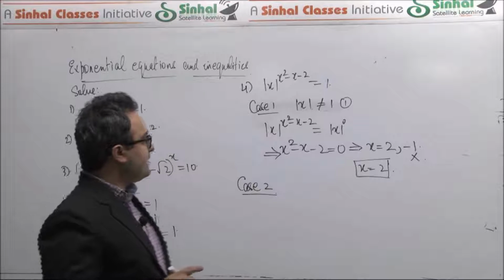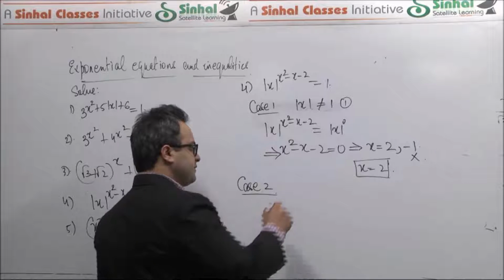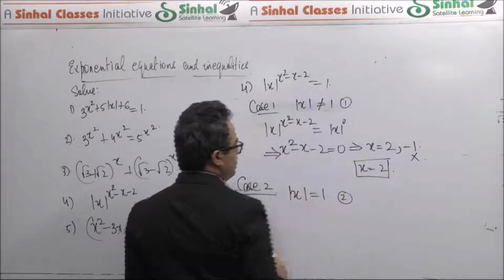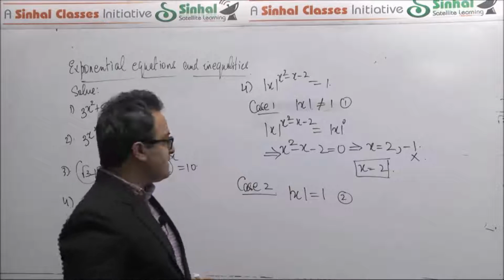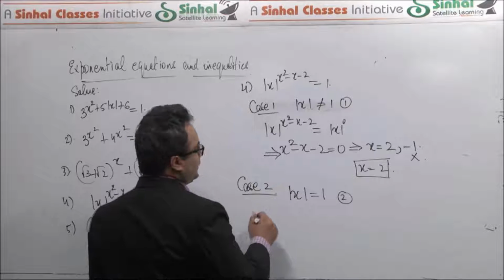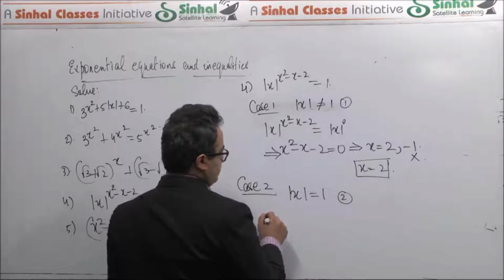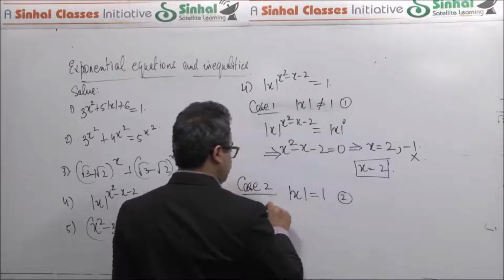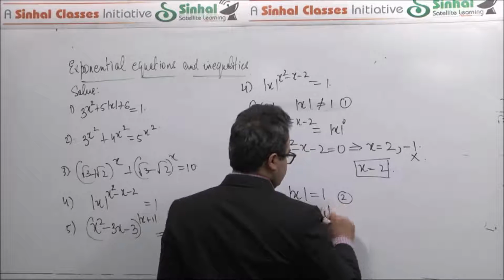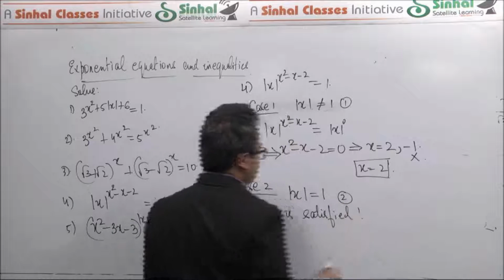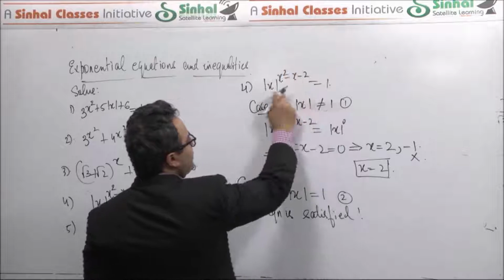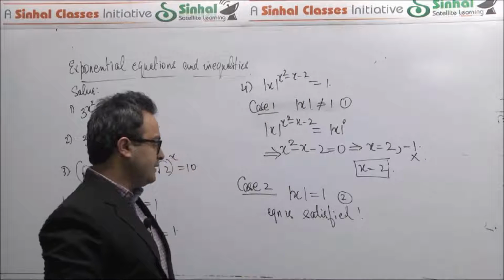Now for the second case, suppose I assume that mod of x itself is equal to 1. Because if mod of x is equal to 1, then clearly the equation will be satisfied, right? If x is plus or minus 1, then you'll get some integral value over here, and the base of course is 1, so the equation is clearly satisfied.